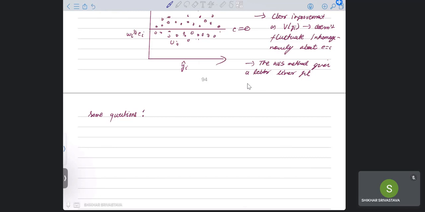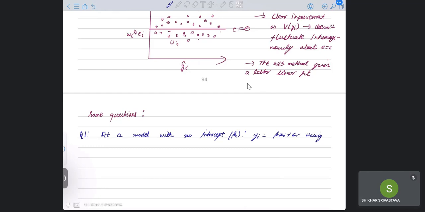There was one question they asked: fit a model with no intercept. That means your beta naught term is 0. So your model is just yi is equal to beta xi plus epsilon i.